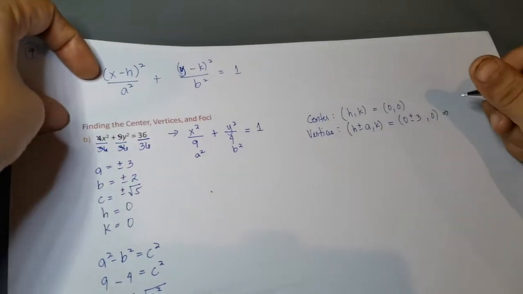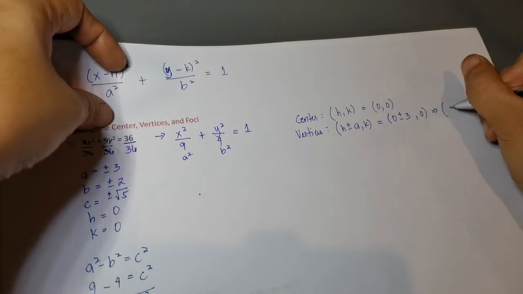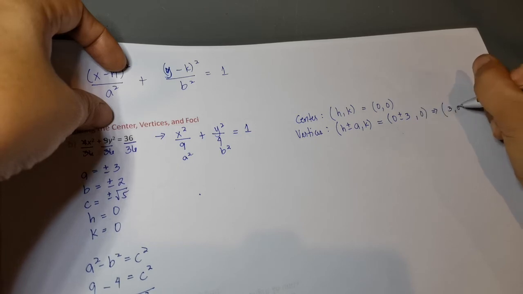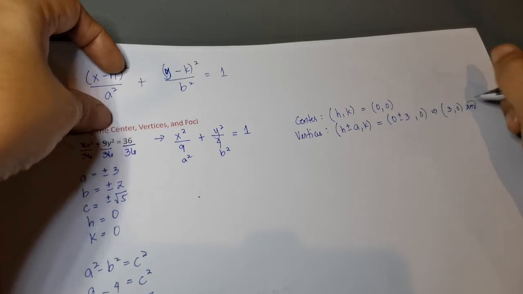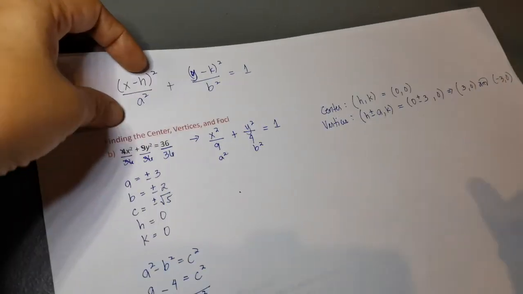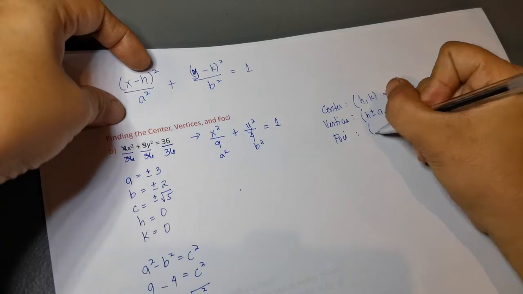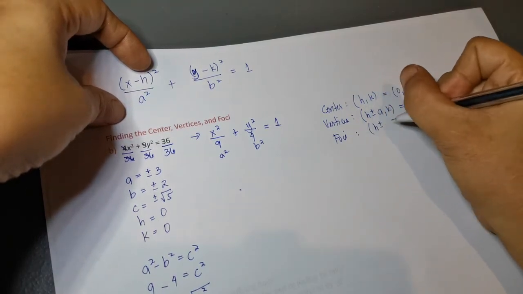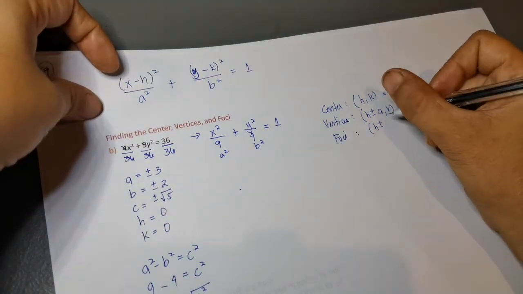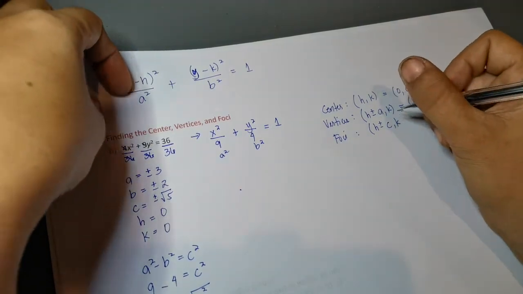Therefore, the coordinates of our vertices are positive 3 and 0 and negative 3 and 0. How about our foci? Ayan. Ang foci natin ay h plus and minus, yes, c and k. Okay?